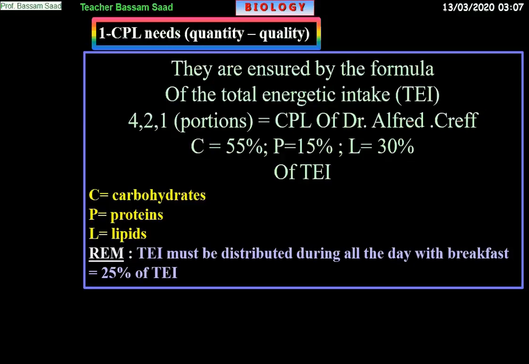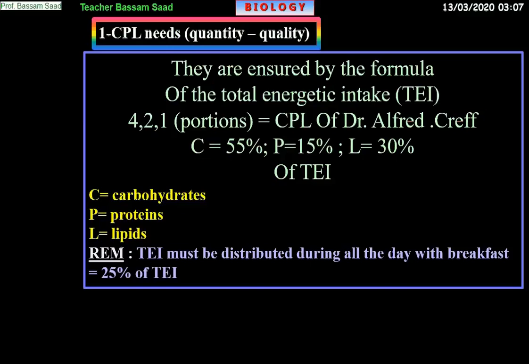You know that every 1 gram of carbohydrates gives 4 kilocalories. So 30 kilocalories give X. It is a cross multiplication. And like this, you can find the mass of carbohydrates this individual must eat at a given day. It is something easy. It is not difficult.